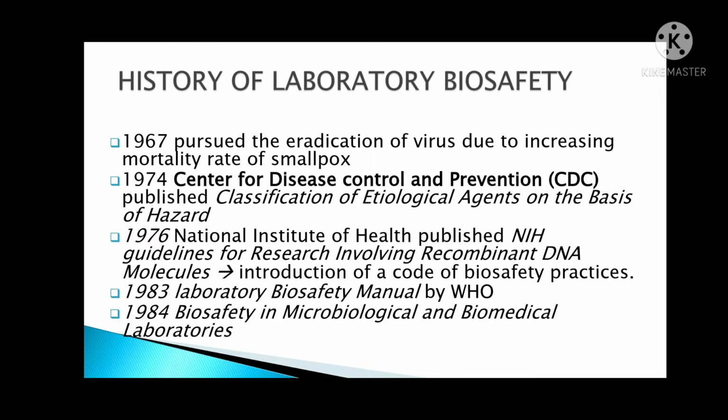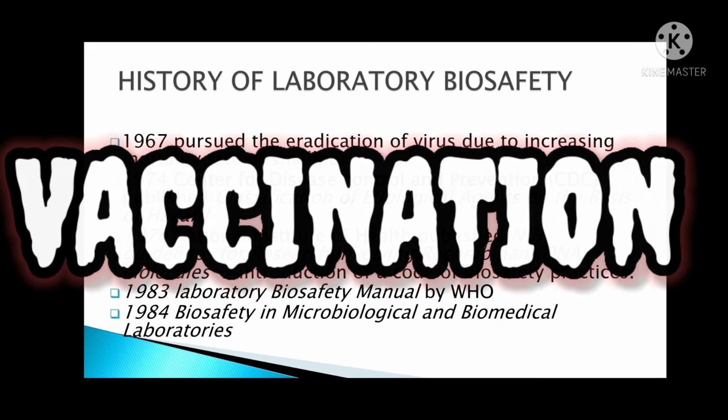It was also during the time of the smallpox pandemic in 1967 where there was an increasing mortality and morbidity rate. The World Health Organization, class, aggressively pursued the eradication of the virus. How do you think they completely eradicated this virus? It is through vaccination.